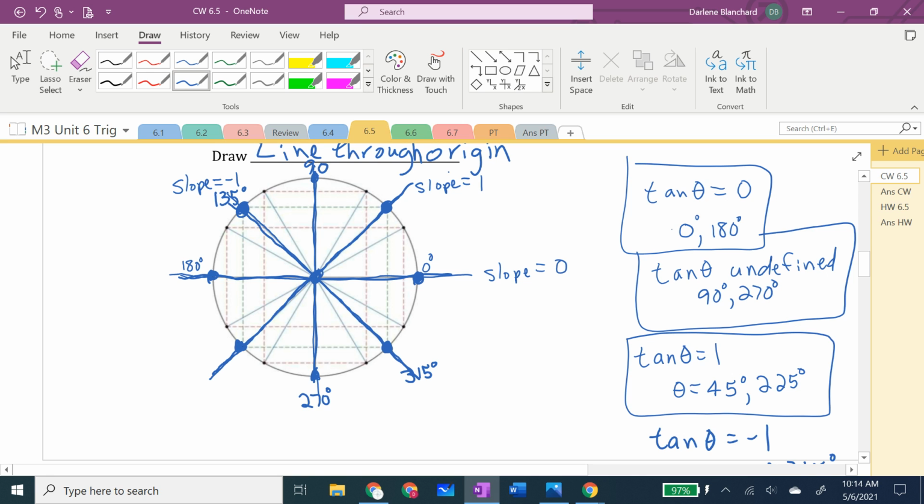Now I want you to see how many angles we have not dealt with yet. Take a good look at how many angles we haven't dealt with yet and realize how much symmetry there is.